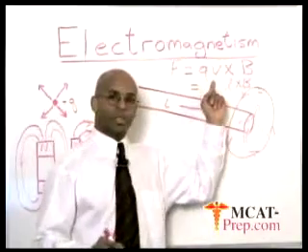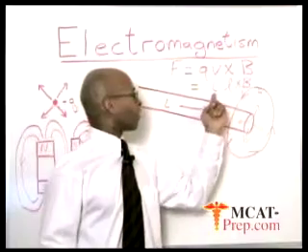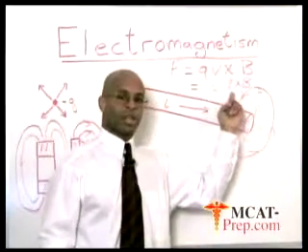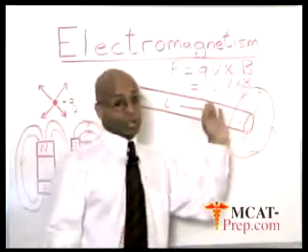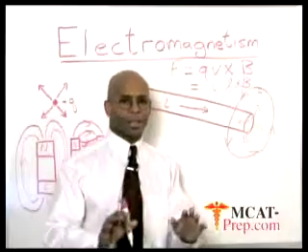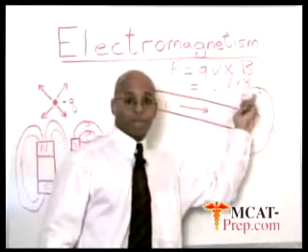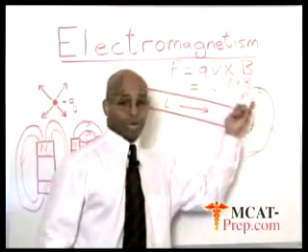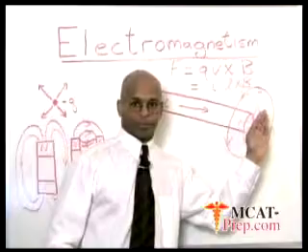So charge over time times distance gives us current times distance. Really, it's written as I dL, but we don't do any calculus on the MCAT. But I dL cross B means it's a cross product again, meaning it's B sine alpha.